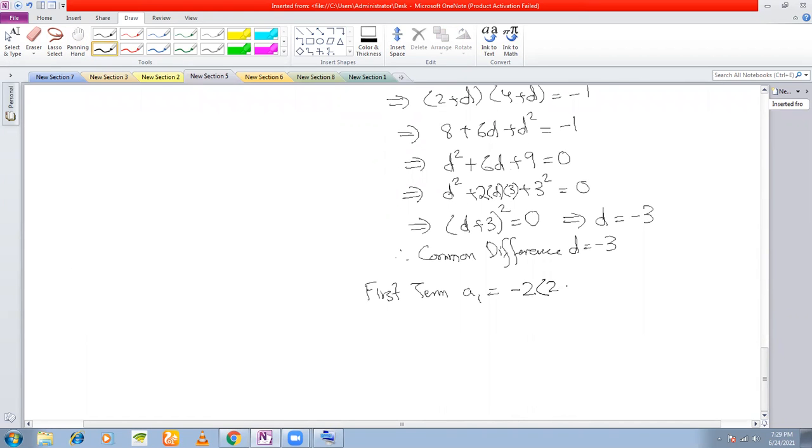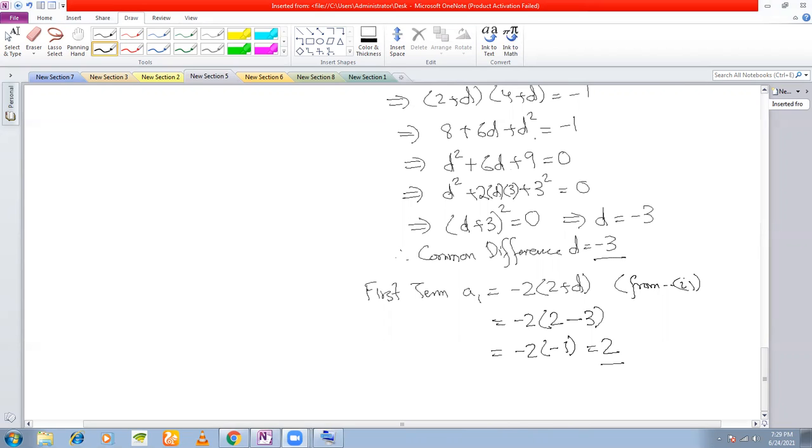This is from 1. Right? So we get minus 2 into 2 plus d is minus 3. So you get minus 2 into minus 1, which is equal to 2. So I've got the first term as 2 and the common difference as minus 3.